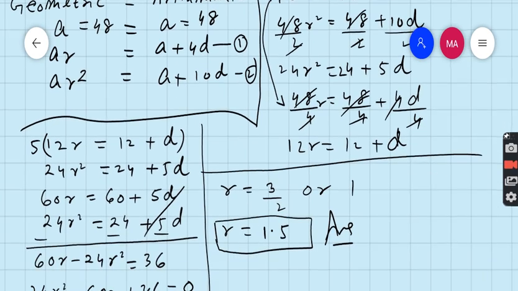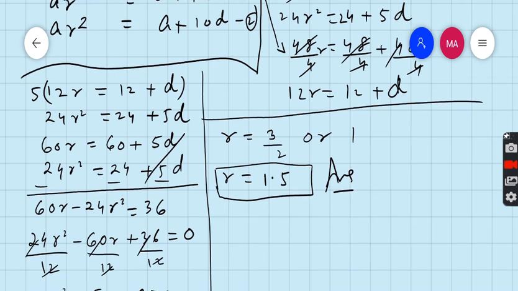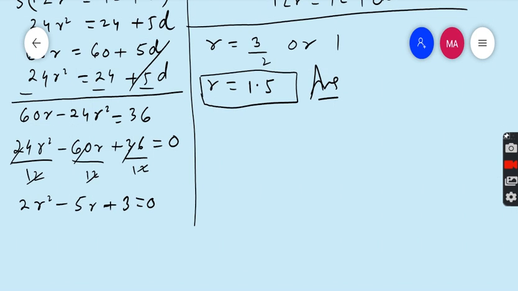We just take equation number 1, AR is equal to A plus 4D. Part B, AR is equal to A plus 4D. A is given as 48, R we have found as 1.5, so 48 plus 4 into D.